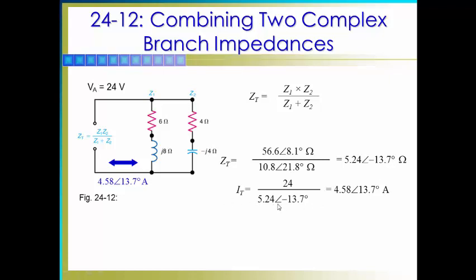For the current, because the negative 13.7 was in the denominator, it subtracts from 0 degrees, so it gets positive 13.7 degrees with the amplitude of 4.58 amps. Note that the circuit is capacitive. Why? Because the current leads the voltage.